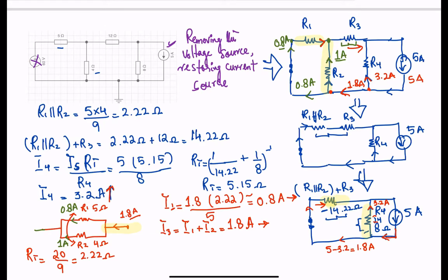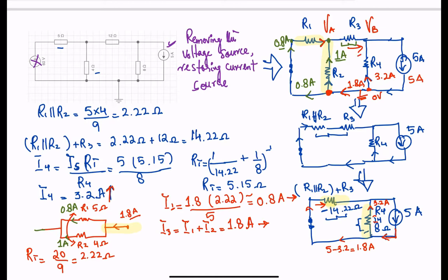Now let's move on to VA and VB. We have to find the potential across those. We also know that since this is connected to ground, the potential at this node is going to be 0 volts.